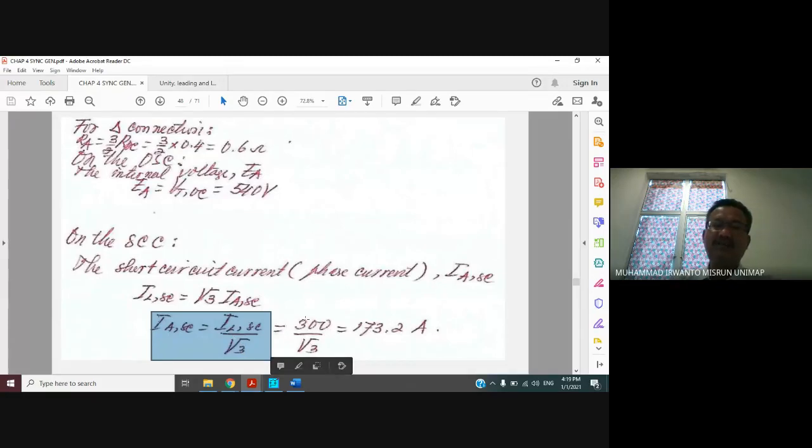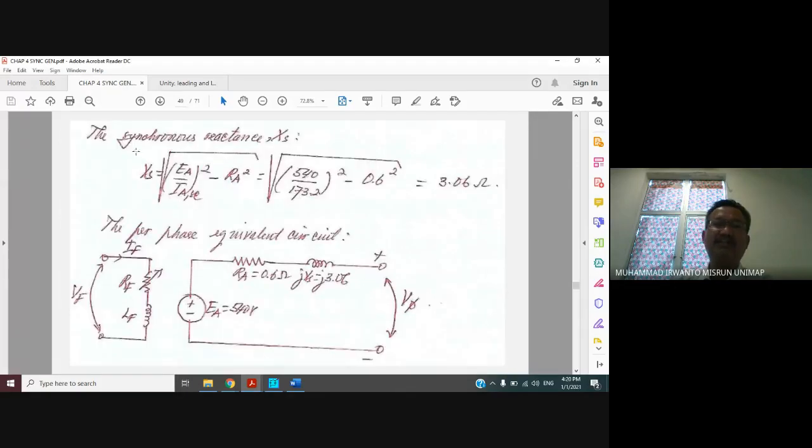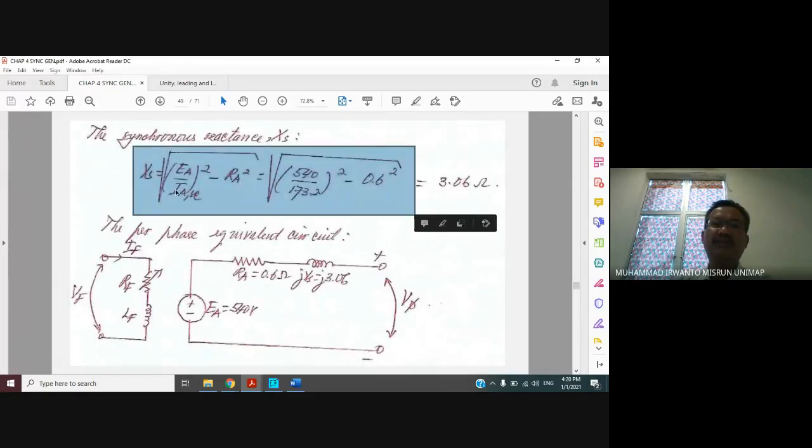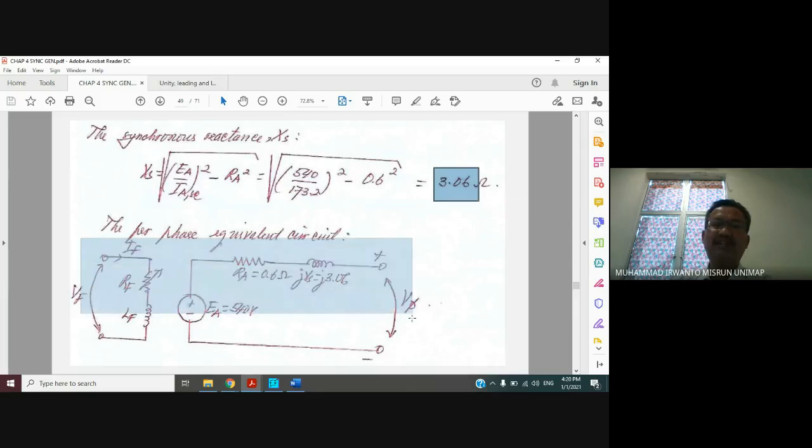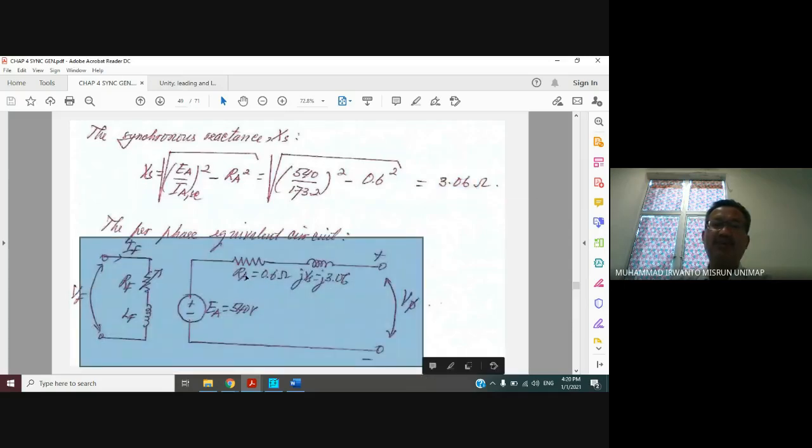From the data given, 300 divided by square root of 3, 173.2 amperes. Now, the data of EA, the data of IA, the data of RA, we can find the value of synchronous reactance by using the same formula as before. We obtain the synchronous reactance for the delta as 3.06. And then draw the equivalent circuit to be like this. Just put the value of RA, the value of XS, then the value of internal generated voltage.